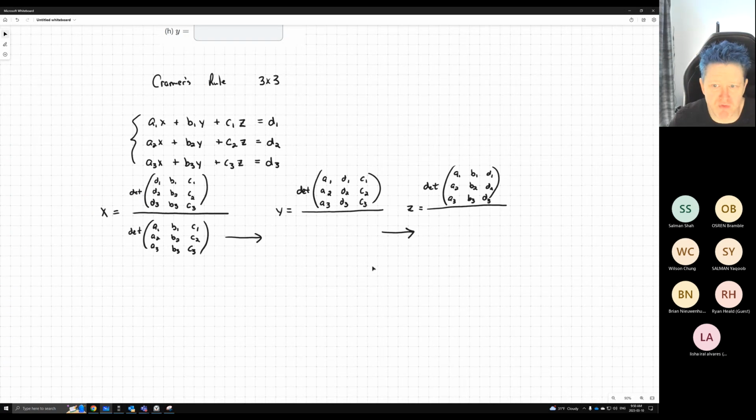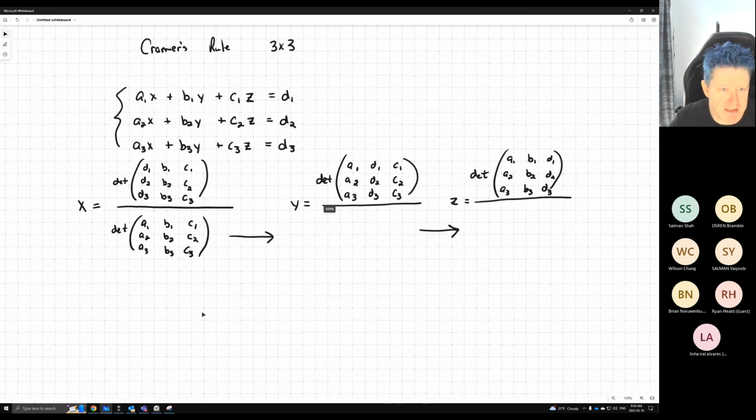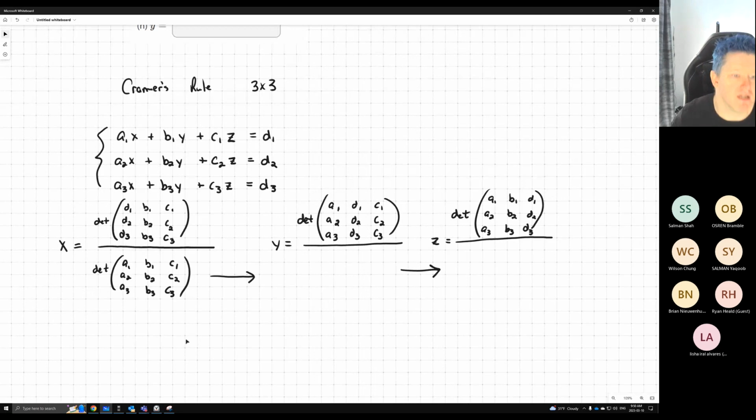What I was saying before we got on that calculator tangent is it's the same process. You'll see here that when you're looking for x, well, let's start with the denominator. The denominator determinant is just the coefficients on the x, y, and z side of the equation, right?